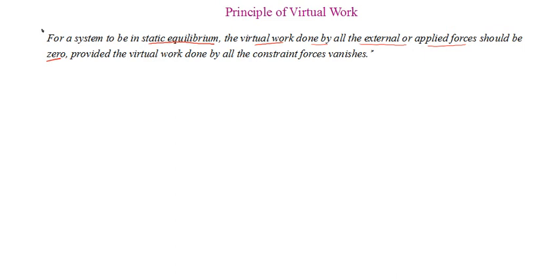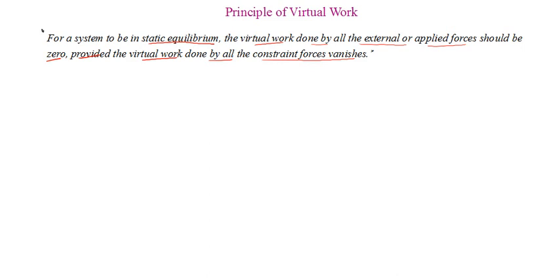This is nothing new. For a system to be in static equilibrium, the virtual work done by all the external or applied forces should be 0, provided there is a condition, and this is the soul of the principle of virtual work. Provided the virtual work done by all the constraint forces is 0.